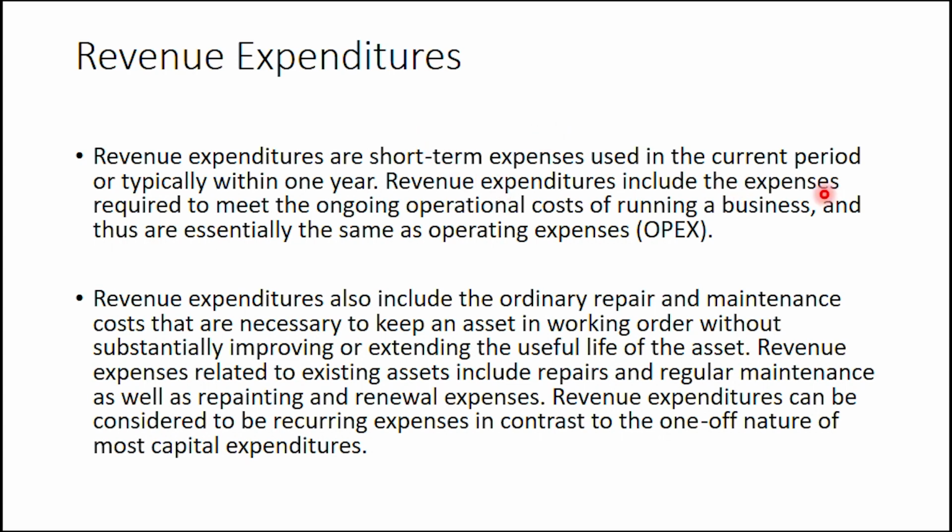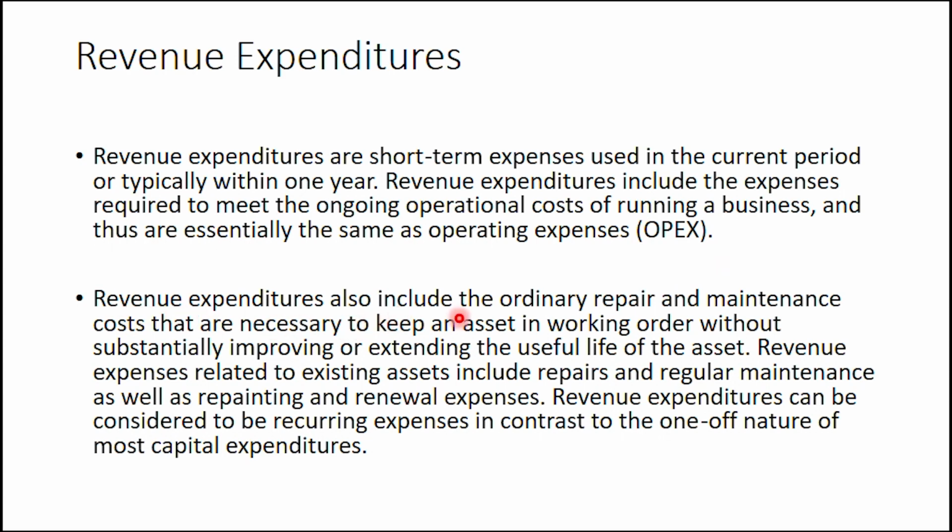They are incurred to meet ongoing operational cost of running a business. So they are expenses that are required for day-to-day functioning of the business, and they are also known as operating expenses. So this is the short form of operating expenses.